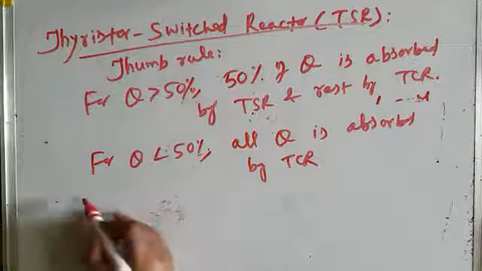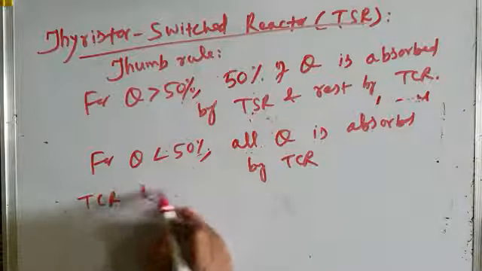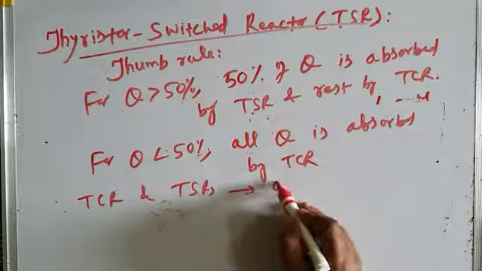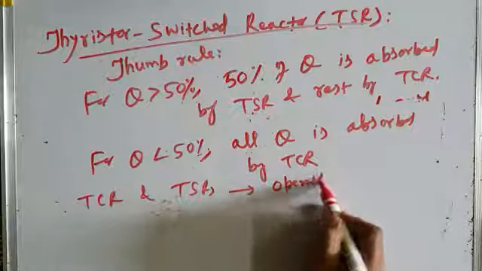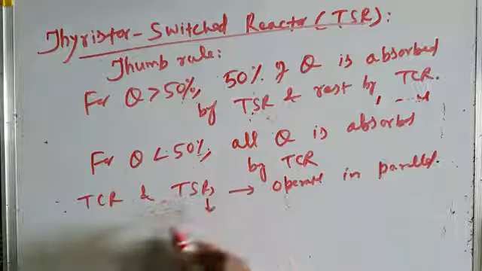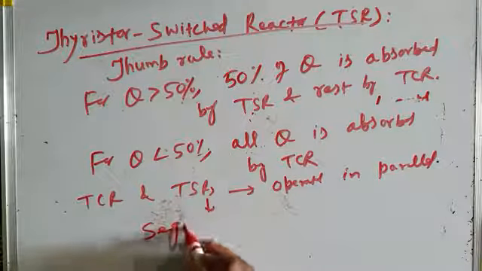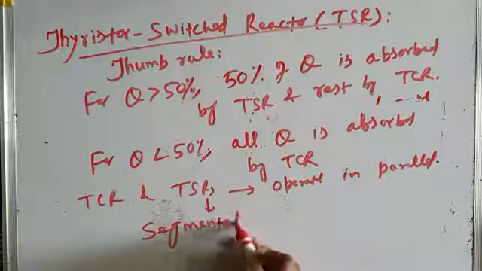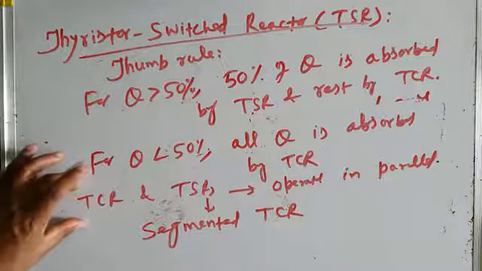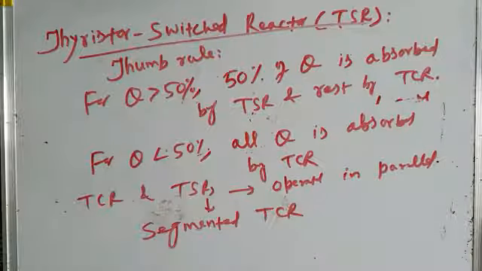So therefore TCR and TSRs are connected in parallel. They are operated in parallel to each other, and this gives rise to a concept called segmented TCR. Segmented TCR is basically operation of a single TCR in parallel with many TSRs.